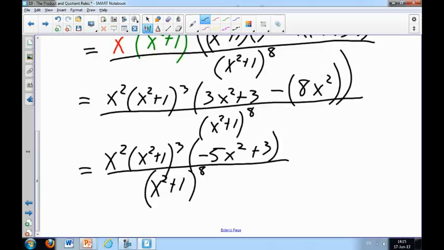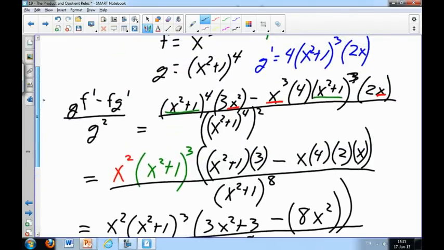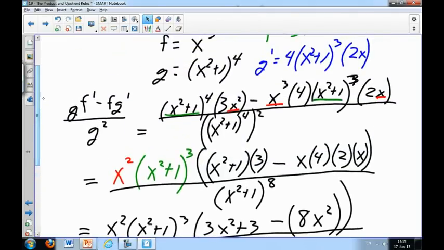Now, when we do this, we look at it and say, you know what? It looks like we're done, but before you get done, look at the numerator and the denominator. If we go back up to the top, when we pulled out common terms, I didn't mark it, but there is also an x squared plus 1 here.